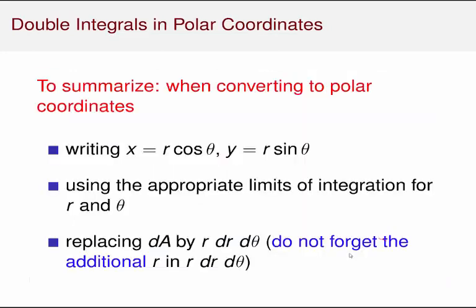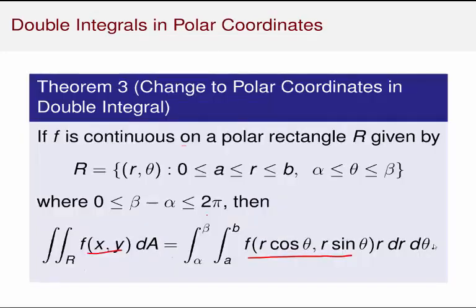And second, we have to make sure that the appropriate limits of integrations are used for the variables r and theta. For example, if theta is placed at the outer integral, then the limits for theta are given by alpha in the lower bound and beta in the upper bound.